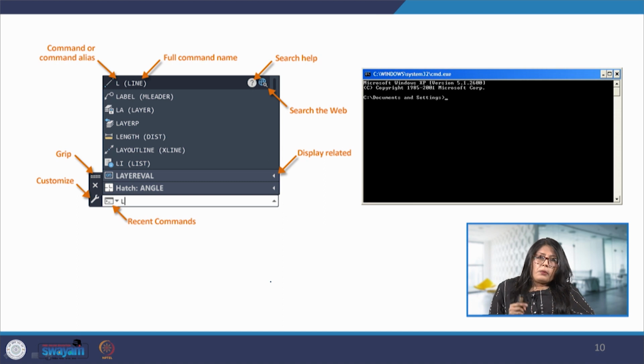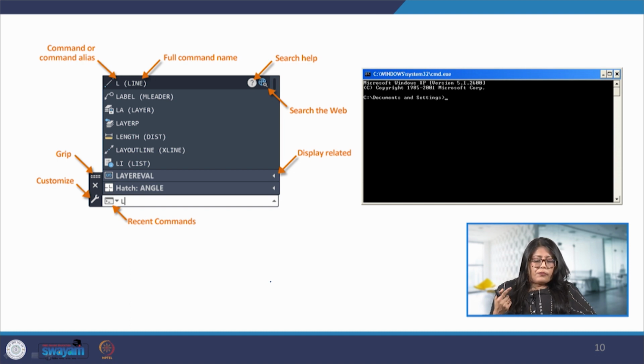So, command line interface, you may recognize this from the computer. Sometimes we still use the quick command line, interaction is conducted with the system.